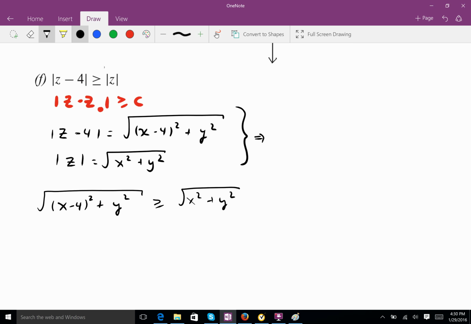Now, because both sides are positive, when I square the inequality, the direction of the inequality holds, okay? So I'm going to square both sides, and I'll end up getting this.